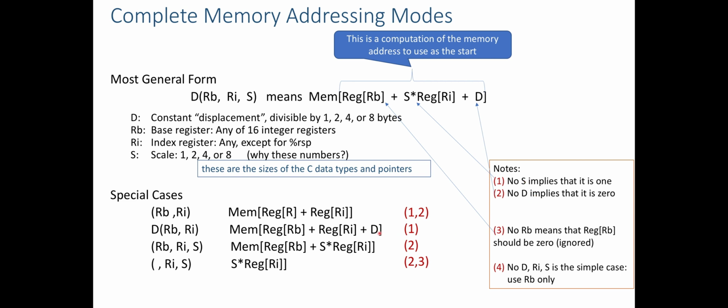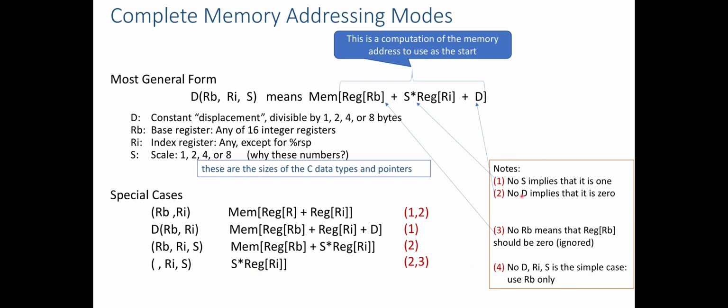Here's an example where we have no S, but the other 2 pieces. Here's an example where we have no D, but the other 3 pieces. And here is an example where we don't have the RB and we're just using S and RI.